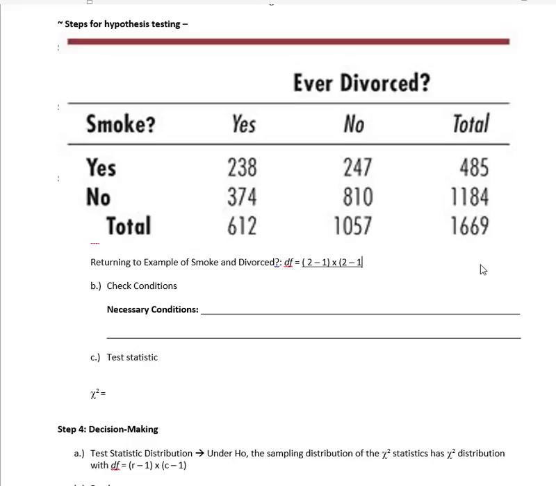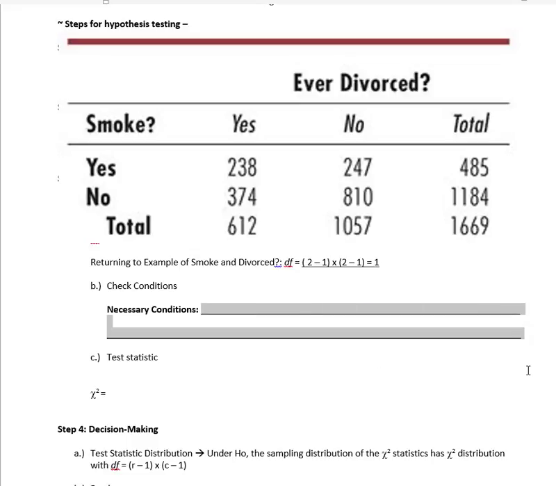So we would have 2 minus 1 times 2 minus 1, or we would have 1 degree of freedom. So if you have a 2 by 2 table, you would always have 1 degree of freedom. So it's just the number of rows minus 1 times the number of columns minus 1.